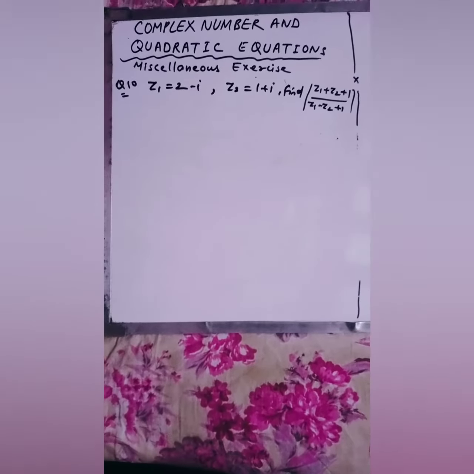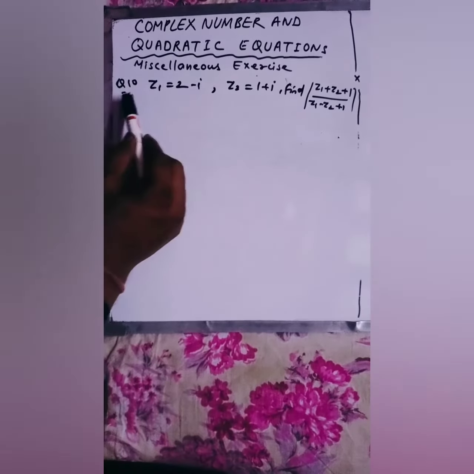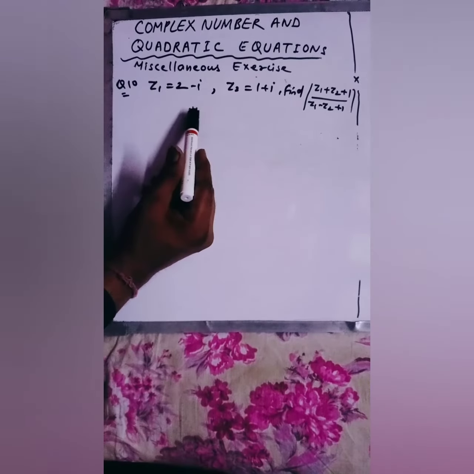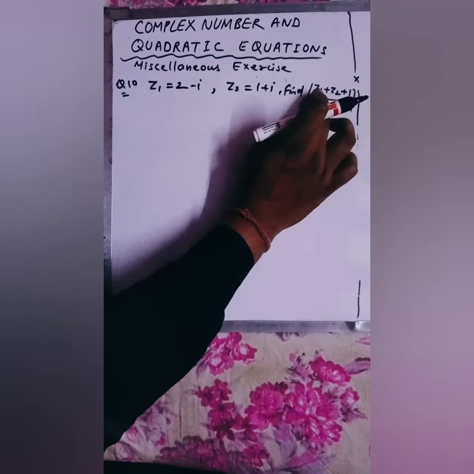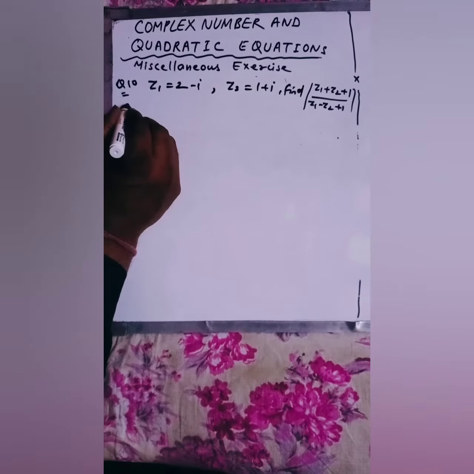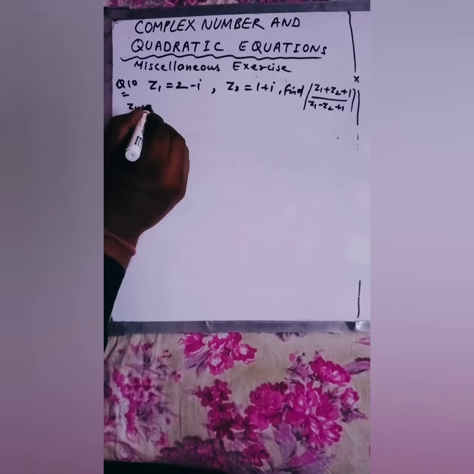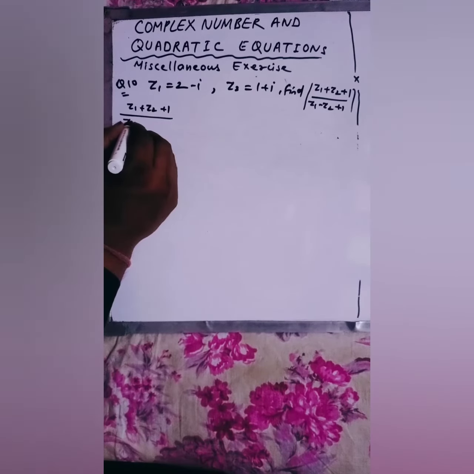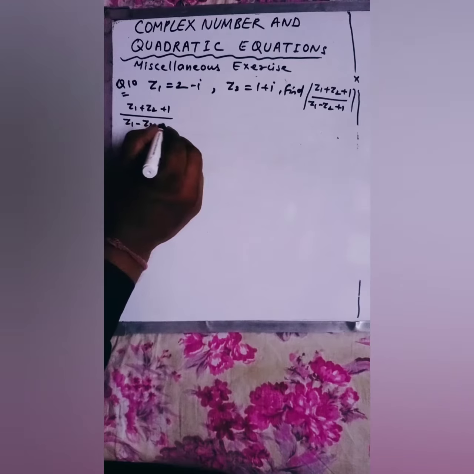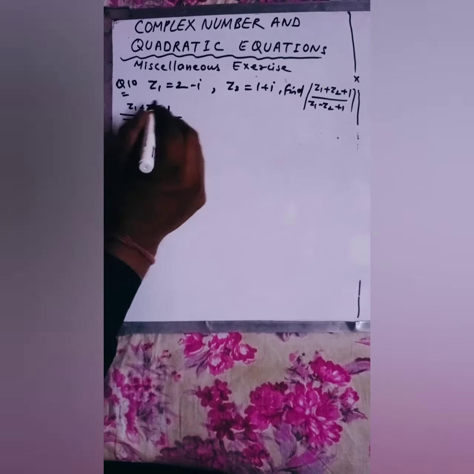Now here is question number 10. It's a very easy question. Here you have to find the modulus of this value, z1 plus z2. First of all I'm going to solve z1 z2 plus 1 over z1 minus z2 plus 1. What is our z1?